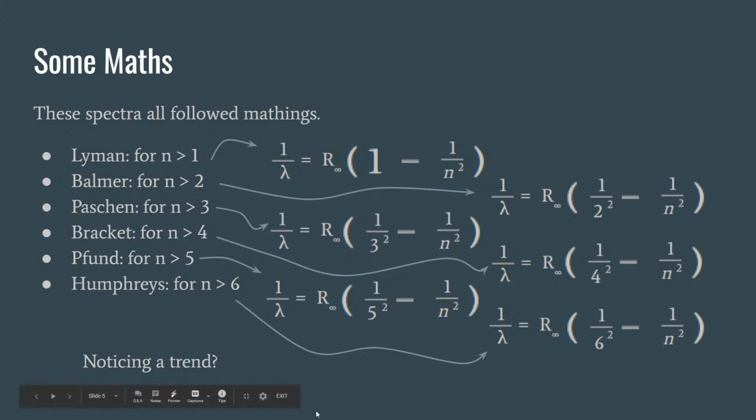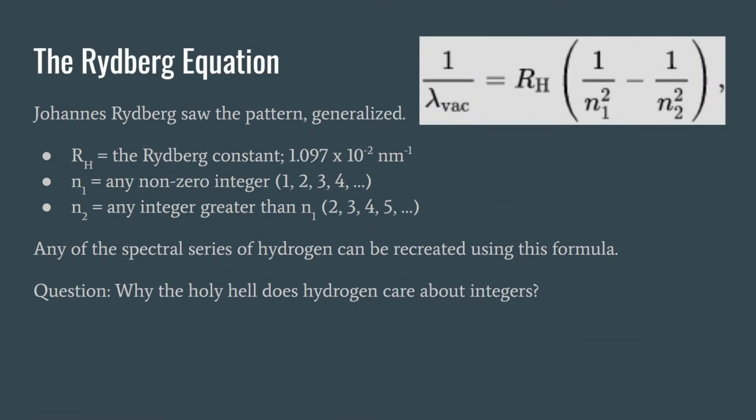He noticed this habit, the way these things are all behaving, and he put them all together in what's known as the Rydberg equation. 1 over the wavelength is equal to a constant that we now call the Rydberg constant, multiplied by 1 over n1 squared minus 1 over n2 squared.